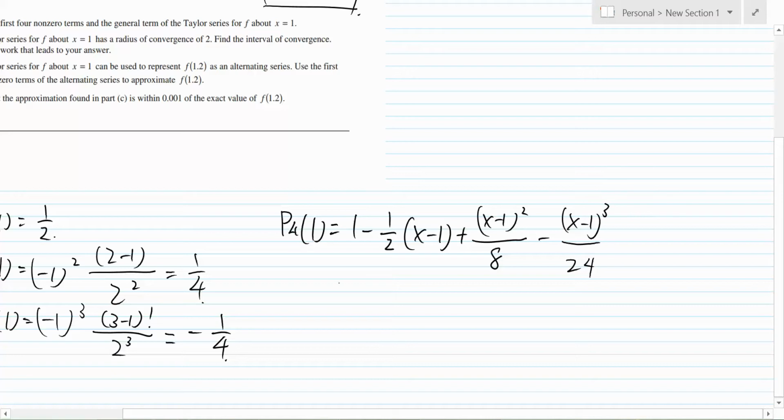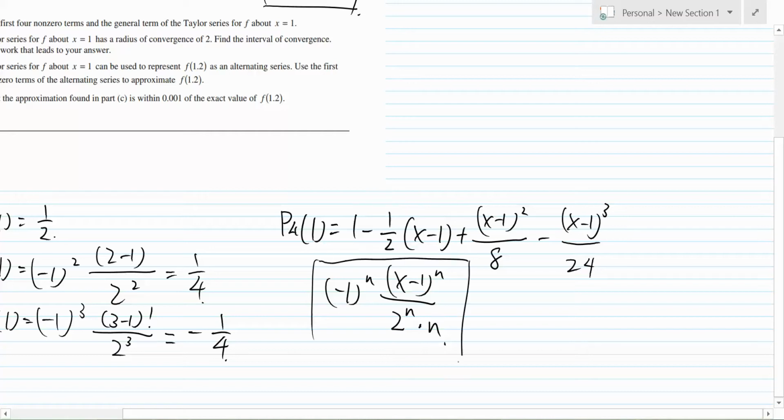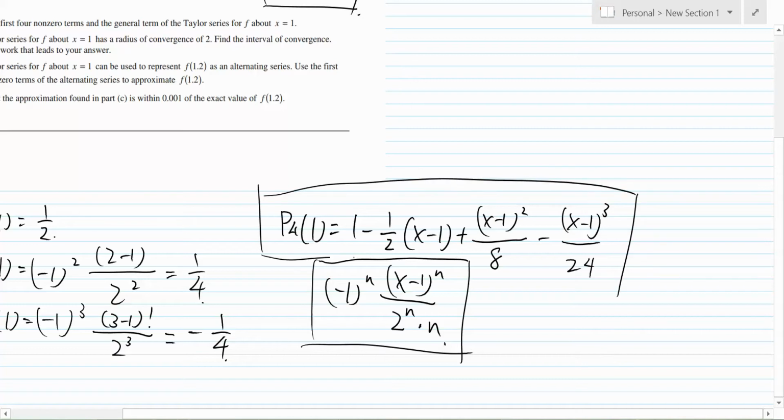And then the general term is -1 to the nth times (x minus 1) to the nth over 2 to the nth times n. This is the general term, and this is the first four non-zero terms.